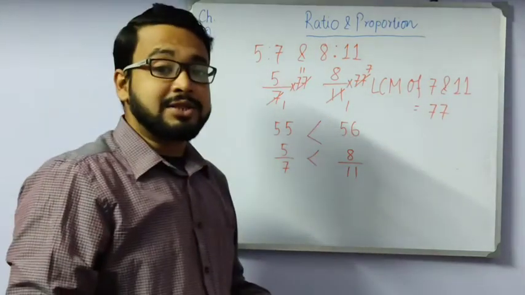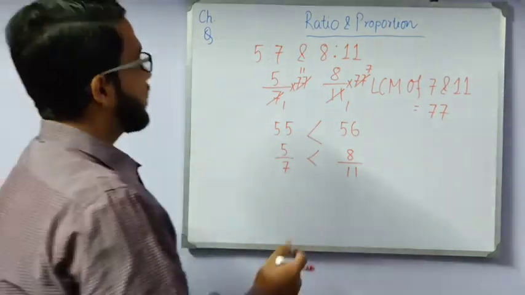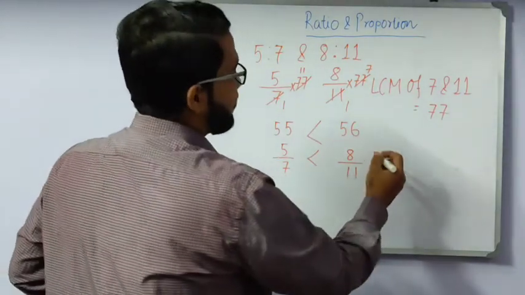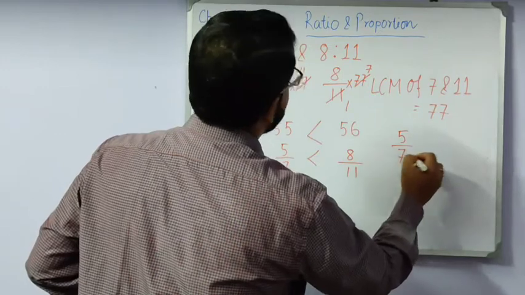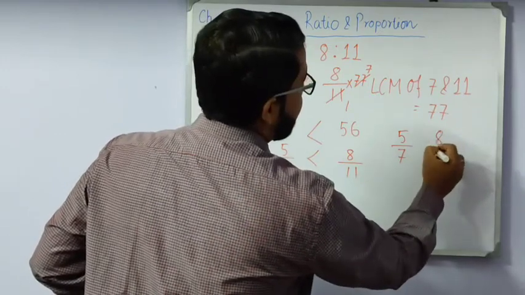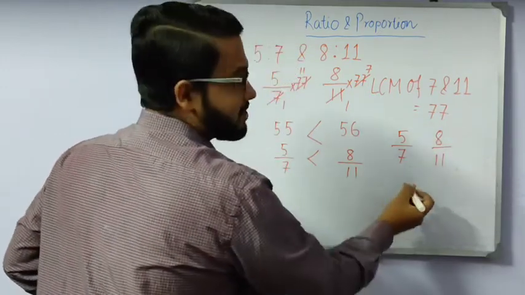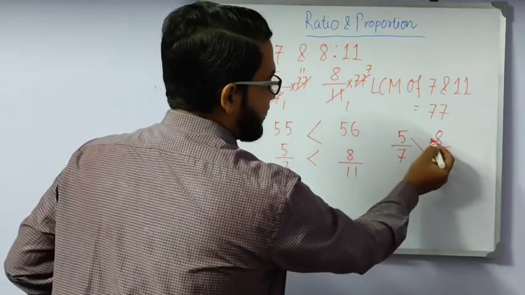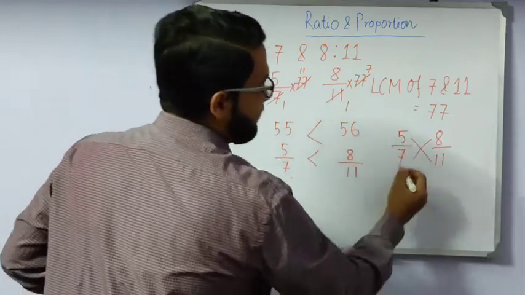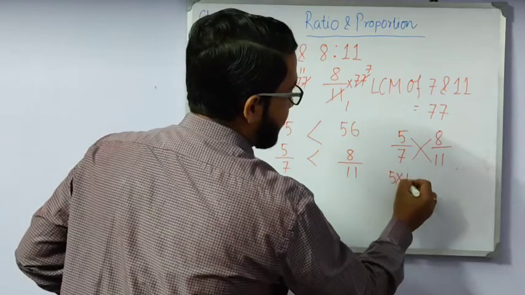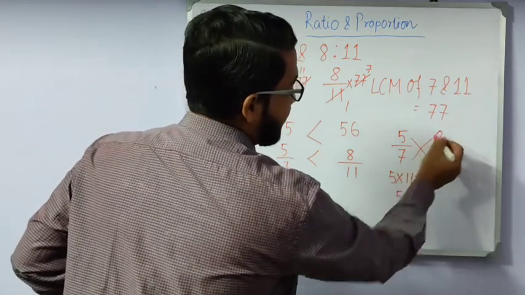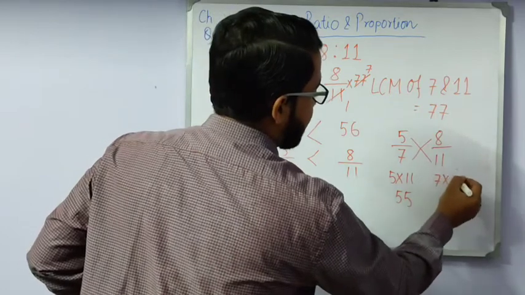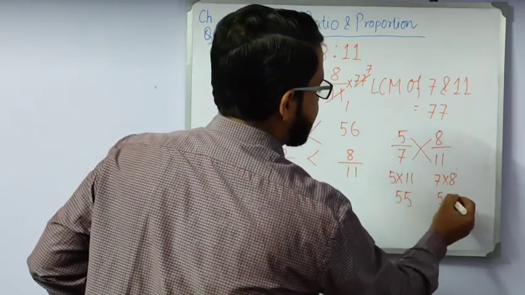There is another method of finding this. How can we do this? 5/7 and 8/11. Just cross multiply these two. 5 into 11, that means 55, and 7 into 8, that means 56.